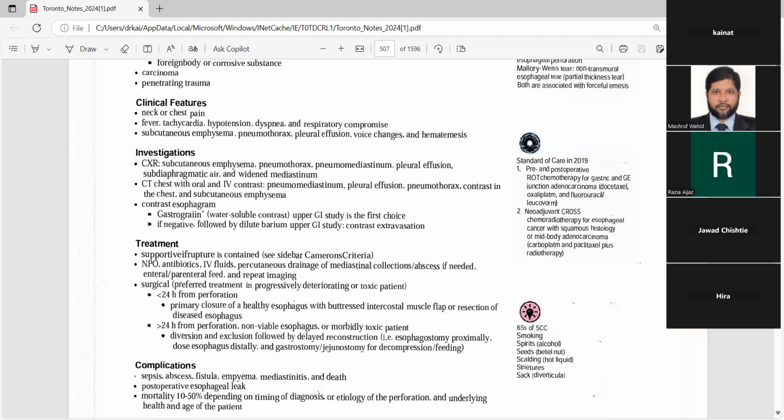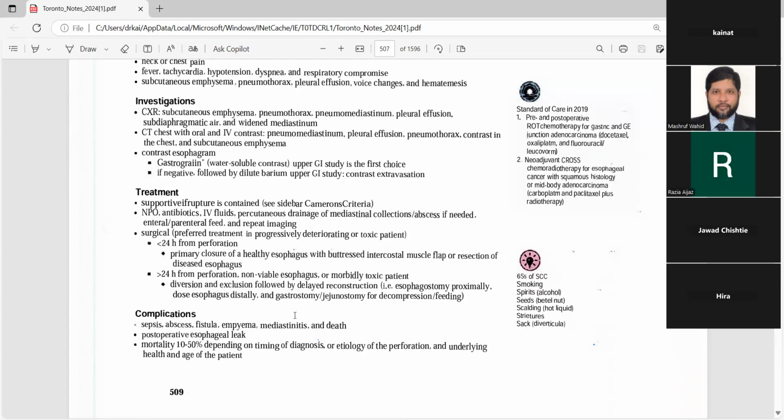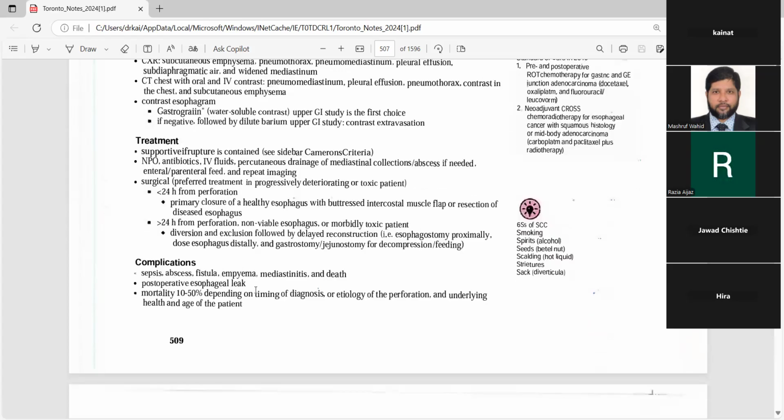Although you call them, you should be aware of at which level he needs an operation right away. So surgery is basically for less than 24 hours from perforation, mainly primary closure to a healthy esophagus and all that, and for more than 24 hours from perforation, diversion and then exclusion. So especially in the abdomen, when you are thinking of taking the next step, it's very, very important.